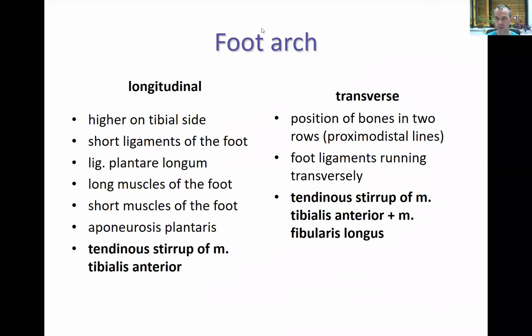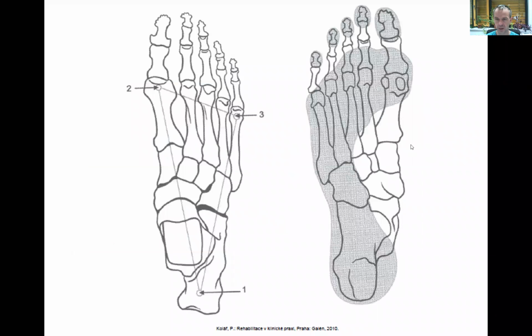For the transverse arch, what is important are, of course, the ligaments which run transversely, so the short ligaments in foot, and the stirrup formed by tibialis anterior and fibularis longus muscle. The arch is also important for rebounding from the floor we are walking on.